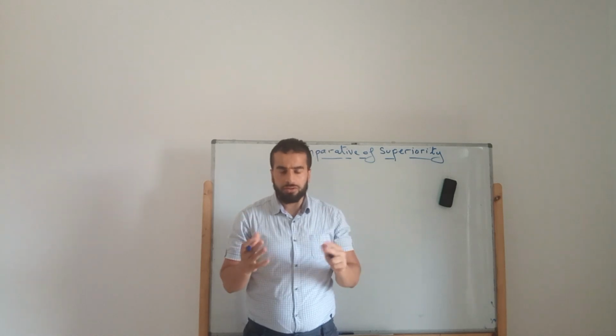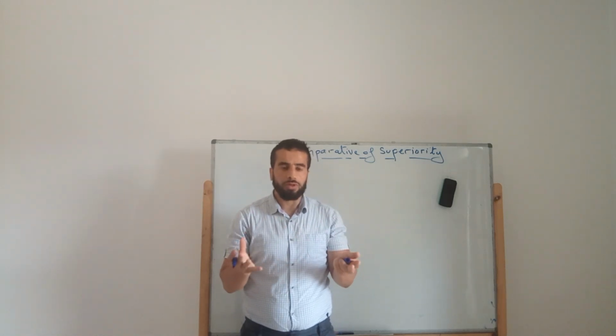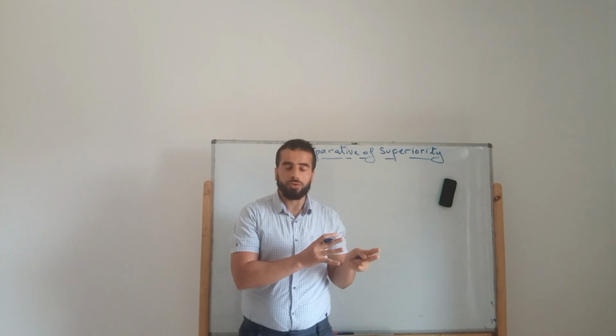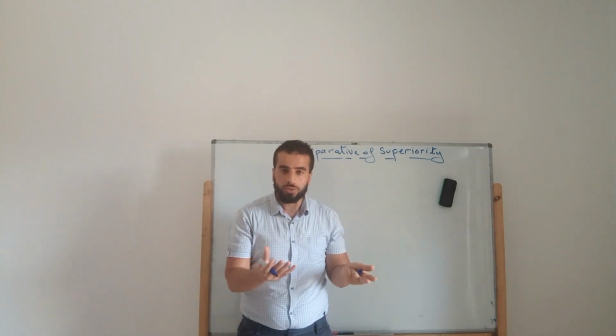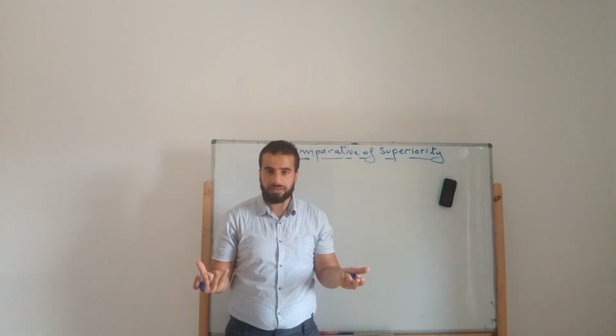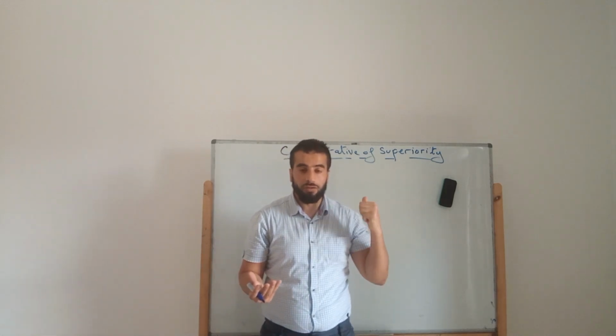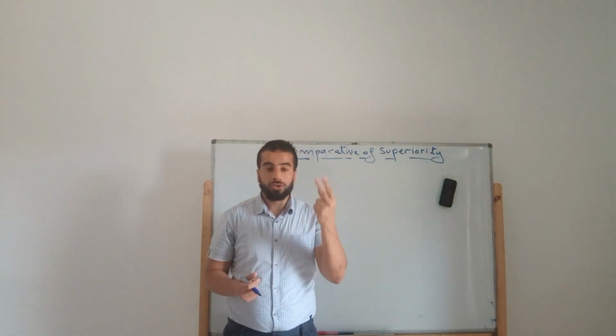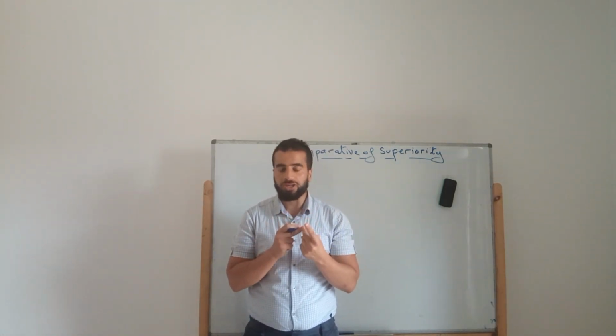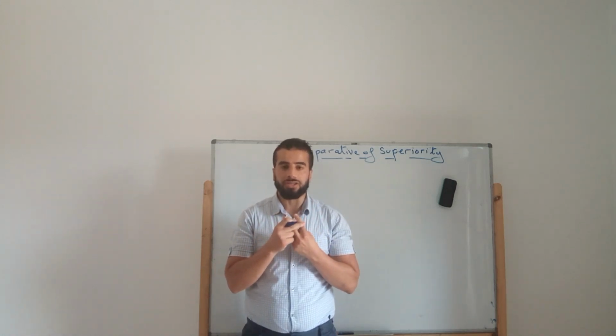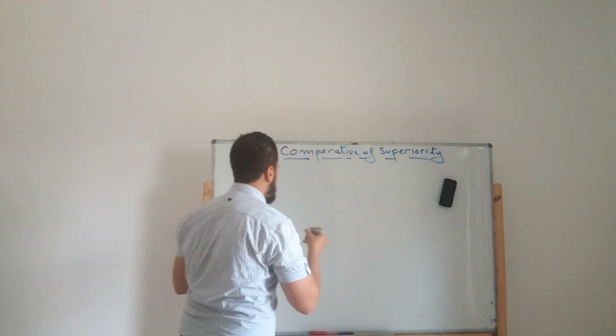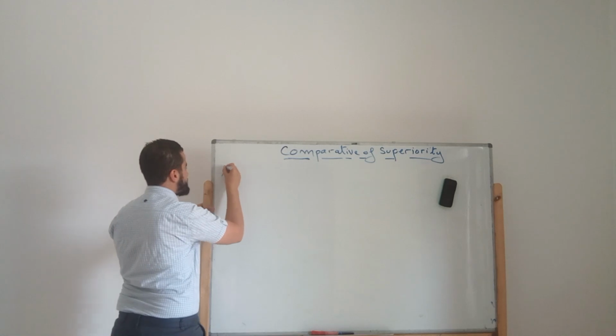In order to distinguish between them, you have to use adjectives. In the comparatives of superiority, we have two types. We have long adjectives and short adjectives. The first one is the short adjective.